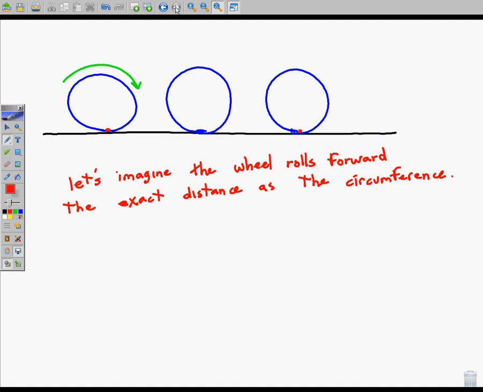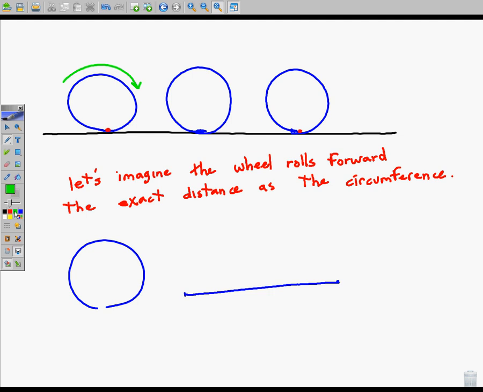So basically, if I took that tire, and I cut open the tire, and then I rolled the length of the circumference out linearly, from here to here, that would be the circumference.